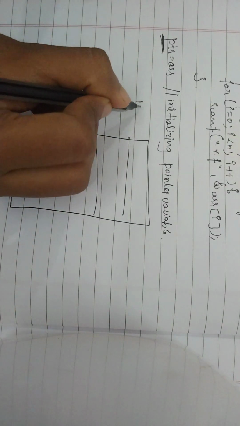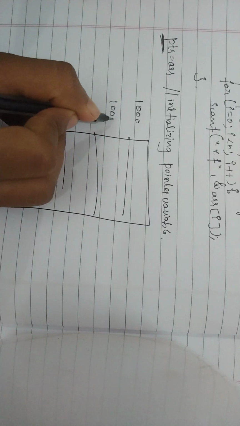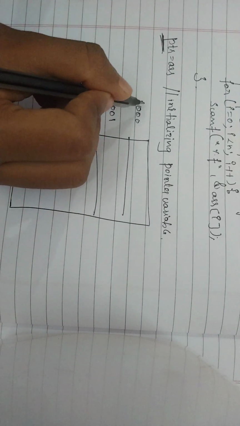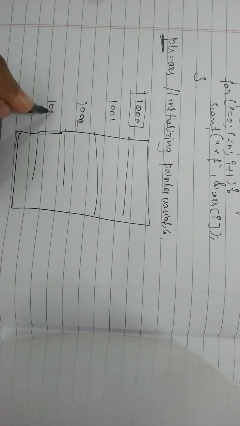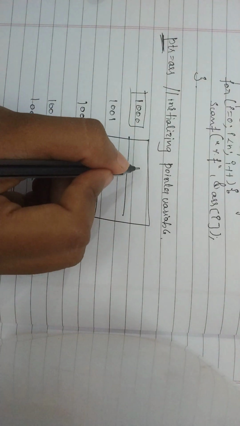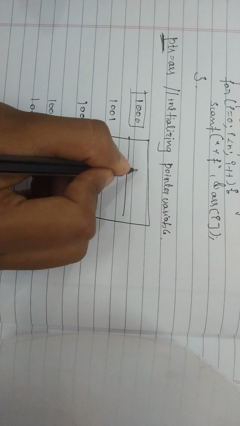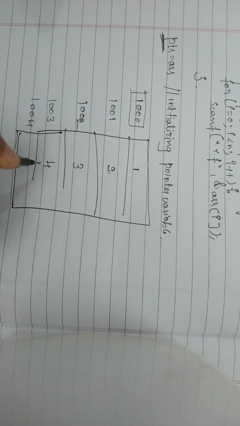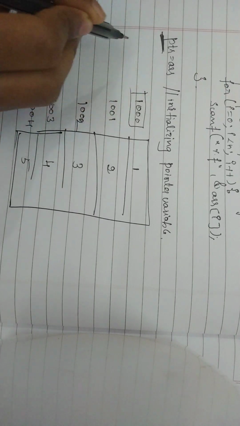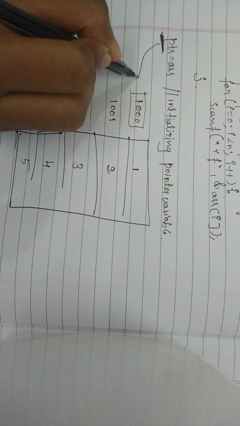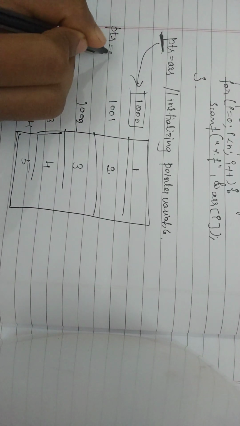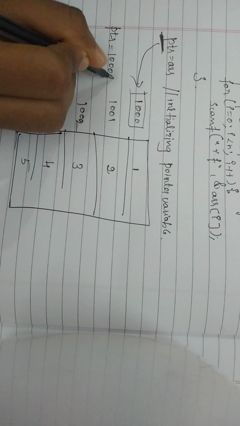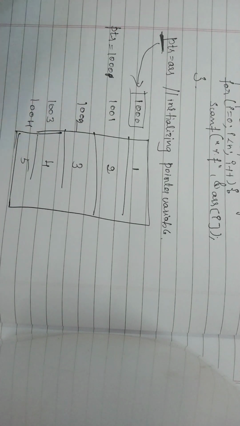Consider these are the memory addresses 1000, 1001, 1002, 1003, 1004. Now we are going to store values inside the array: 1, 2, 3, 4, 5. So this ptr will point to the first location of the array. Now ptr becomes 1000.